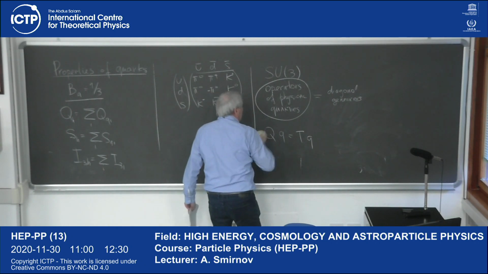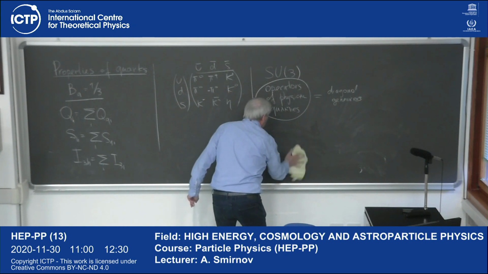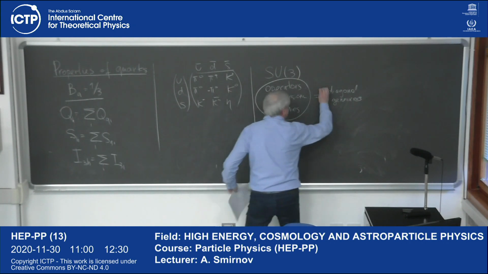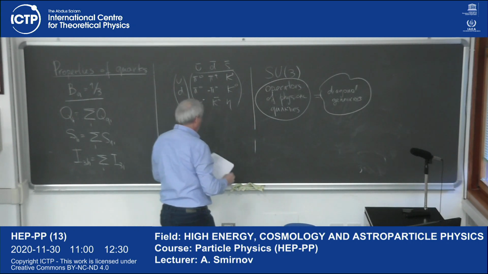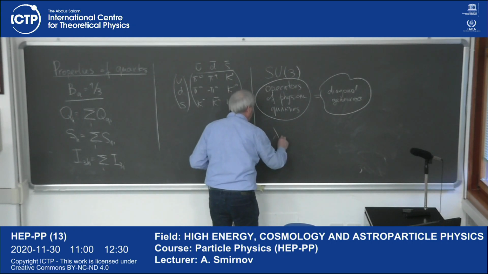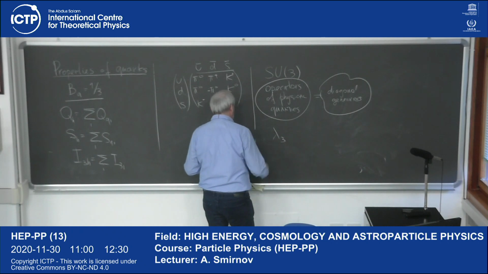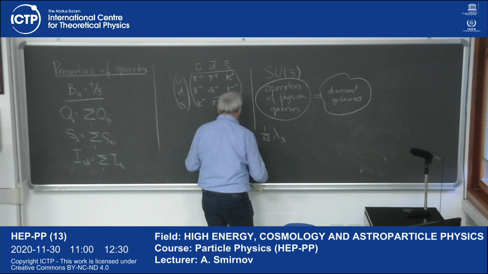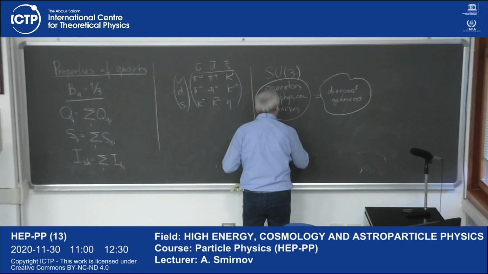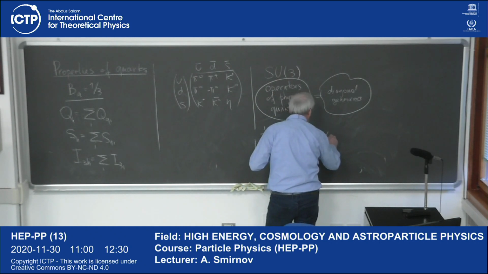So, just for the time being, remember this relation. And let's see what we have in SU3. In SU3 we have the lambda 3 generator, which is diagonal, and square root of 2 multiplied by lambda 3 is 1/2, minus 1/2 and 0.